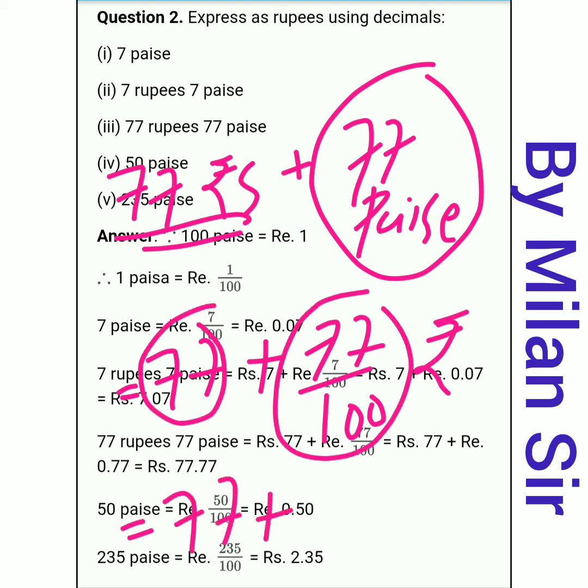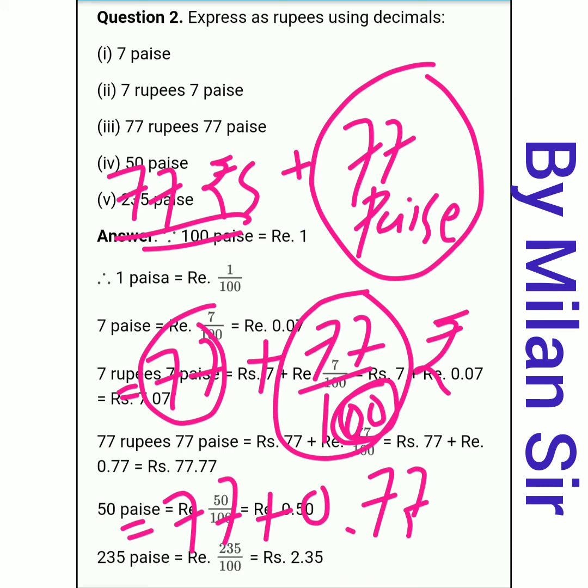Here 77 by 100. Now in the denominator we have two zeros, so we need to put a decimal point before 2 digits. Our 2 digits are 77, so before that we need to put a decimal point, and before that we need to put 0 because we do not have any other digit.